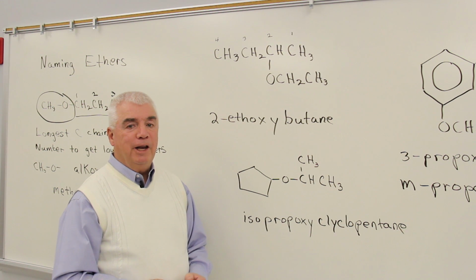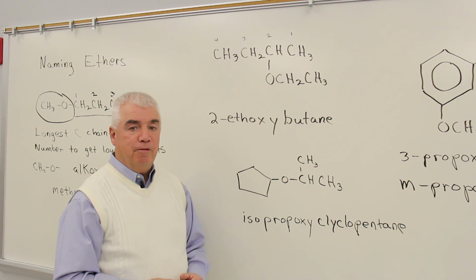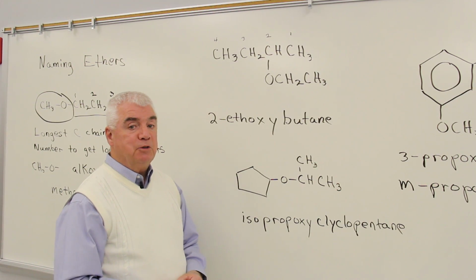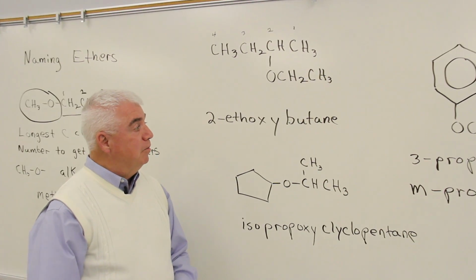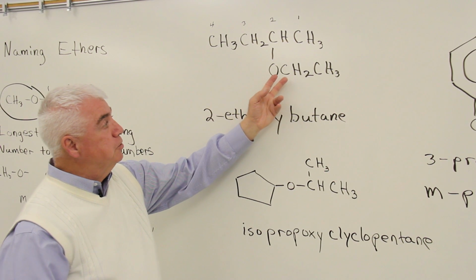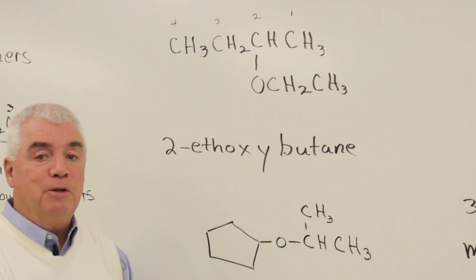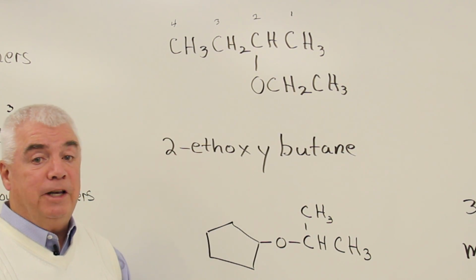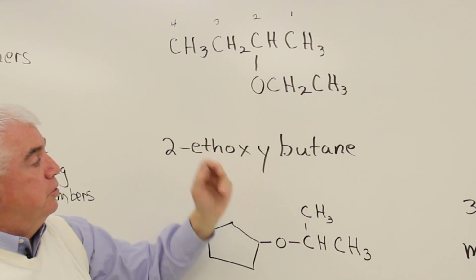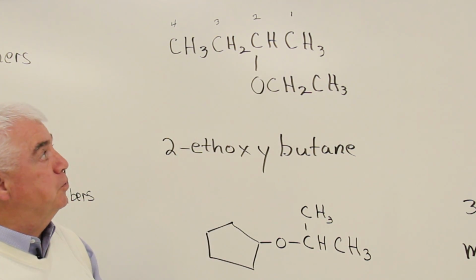Let's look at another example. Whenever you name an organic compound, you look for the presence of the functional group, and that tells you what the ending of the name is going to be, or what kind of procedure you need to worry about. Here I see an oxygen located between 2 carbons. I'd say to myself, hey, it's an ether. The longest carbon chain is 4, so butane is going to be the base word.